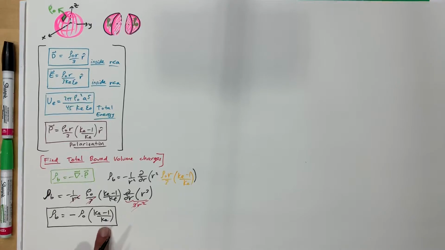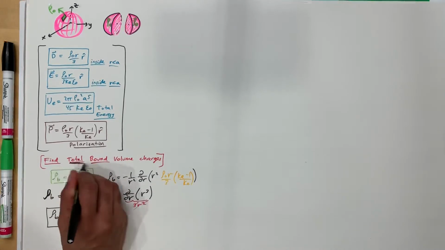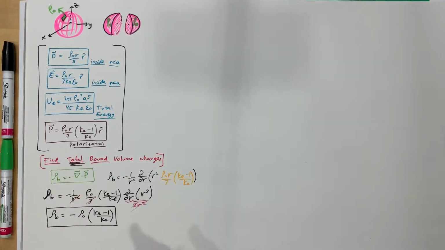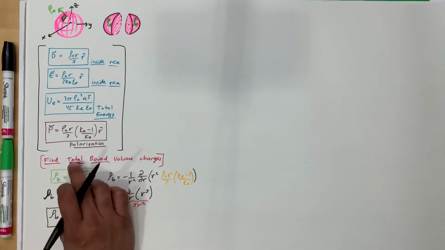All right, so now let's find the total bound volume charge. So remember, when you see total, you're going to have to integrate, okay? And so this is not the final answer. This will tell you the volume bound charges, but specifically in a certain location, and we're not interested in that. We want the entire thing, the total.